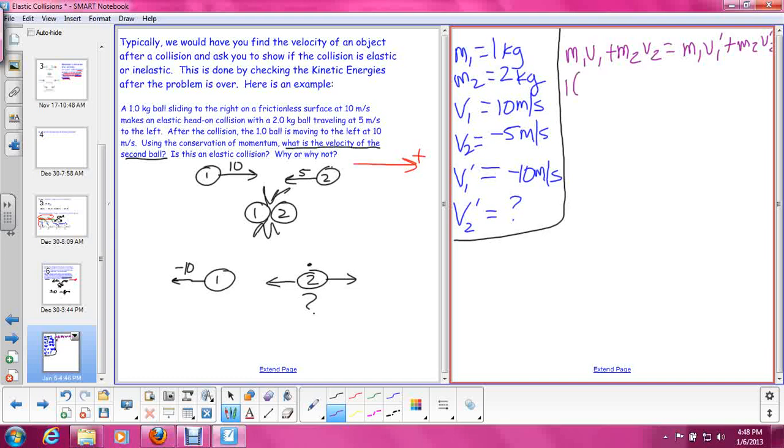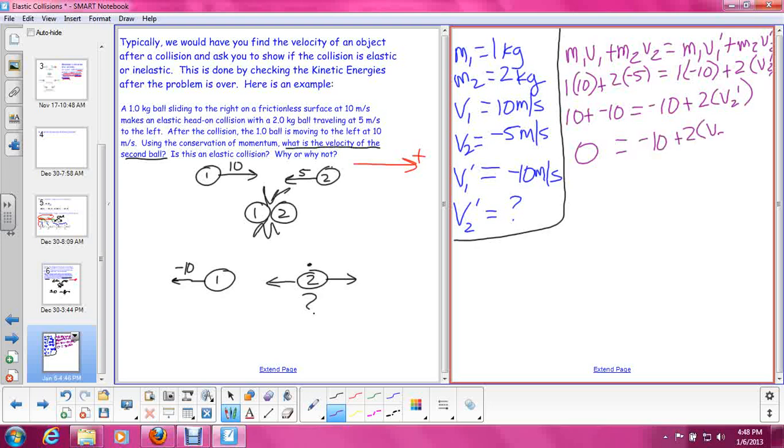So we have 1 times 10 plus 2 times negative 5 equals 1 times negative 10 plus 2 times v2 prime. 10 plus negative 10 is 0. So 0 is equal to negative 10 plus 2 v2 prime.